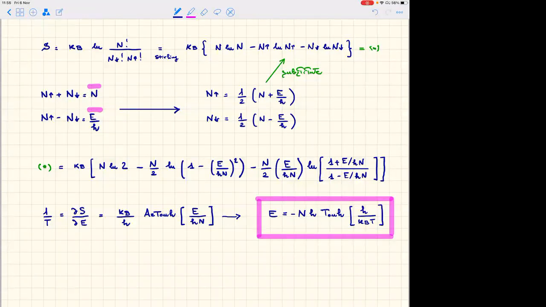But another thing you can do is take limits of this result, towards limits in which you can guess the value of this quantity, right? We know, for example, high temperature, maximally disordered, average energy zero. Zero temperature, all spins are pointing down, the energy is minus n times h, and so on and so forth. You see what I mean?